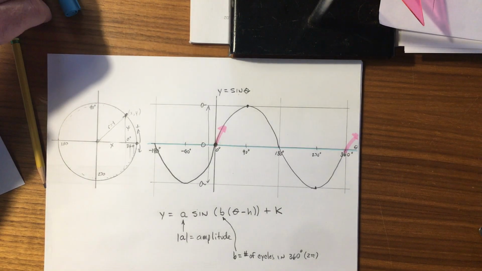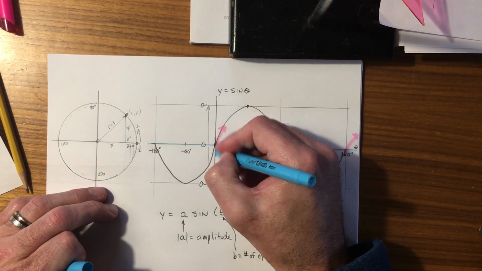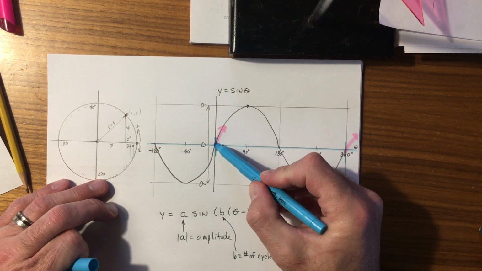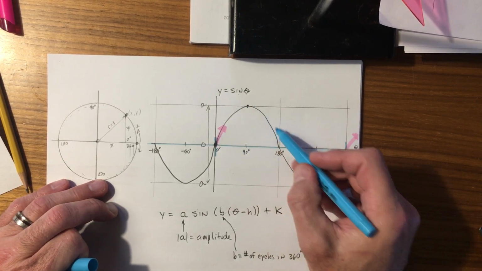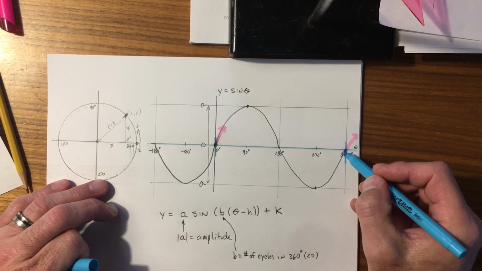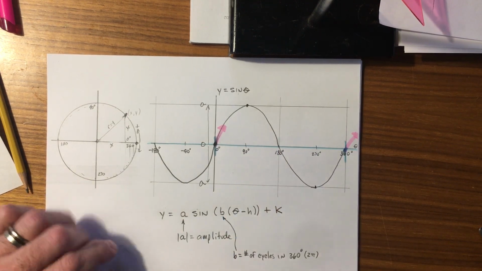So, for example, here is 0 and here's 360, and this sine function goes up, back to 0, and then repeats. That's 1 cycle in 360 degrees. So for this curve, B is 1.